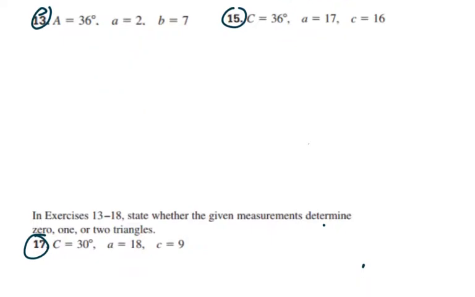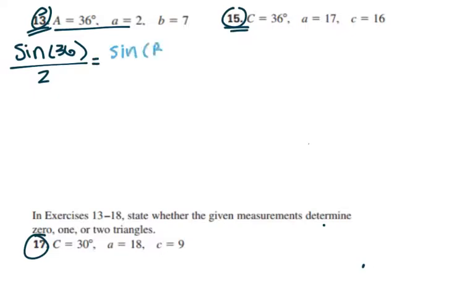Alright, so anyway, I drew the triangles of both of these, so these are both in that ambiguous case, so very interesting. Alright, so that means that I'm going to need to set up a sine, so sine of 36 over 2 is going to be one of the proportions, and then I'm going to use that to find the actual angle of B, and then 7.